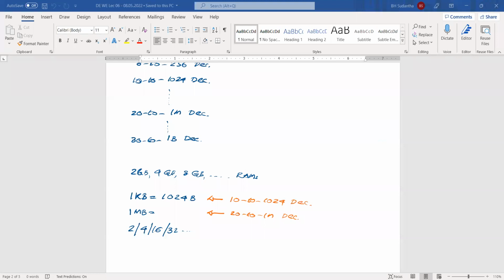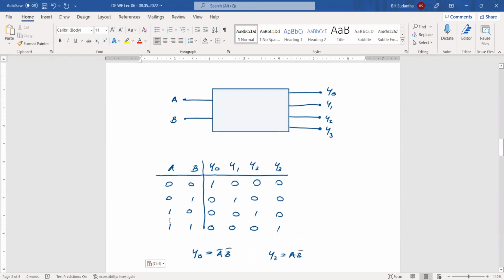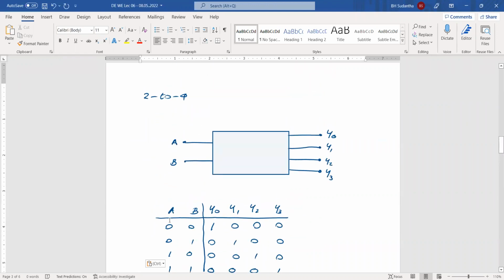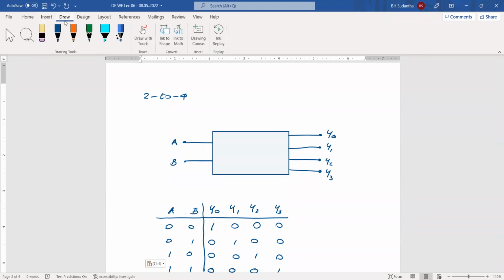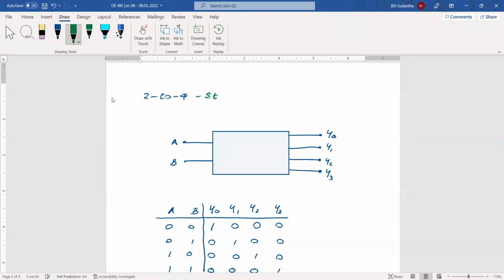I'll copy the previous notes. And this is the 2 to 4 decoder, but this is standard. This is the standard 2 to 4 decoder.